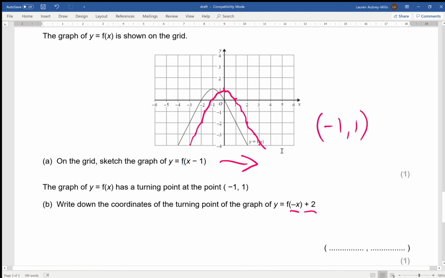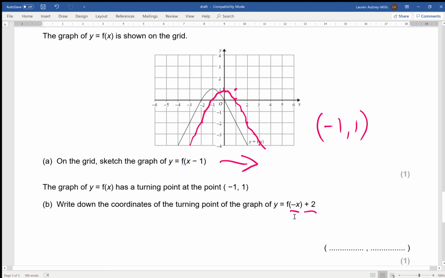And it's again almost the opposite of what you think. The reflection will be in the y-axis, because you are changing it just along the x-axis. So therefore, the reflection will be across the y-axis. So this point here, -1, 1, now becomes 1, 1.